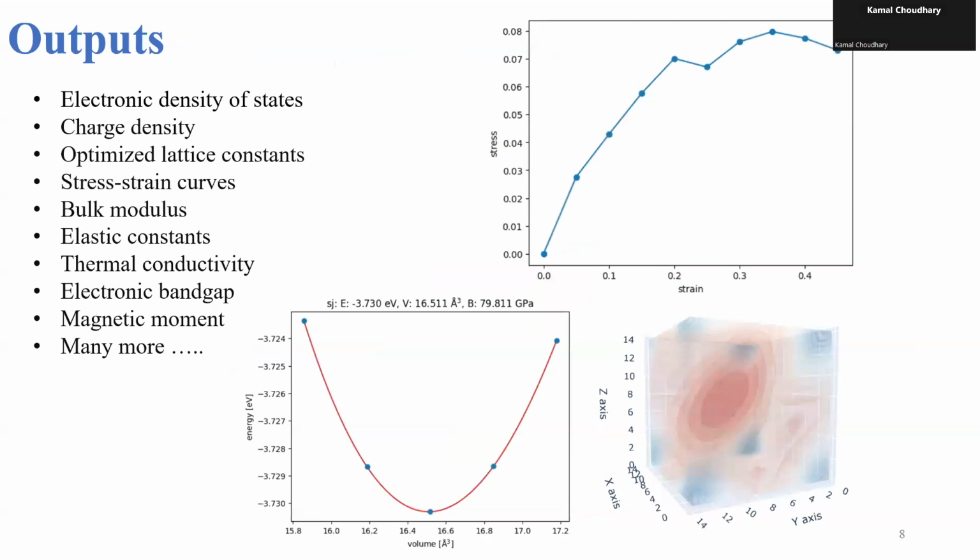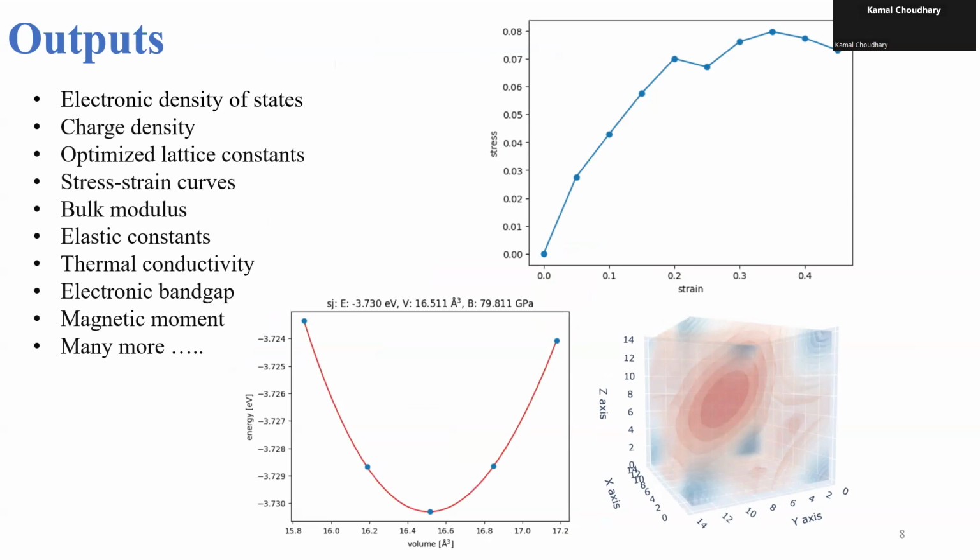So we learned about the inputs, which are the atomic structure information, the basis set, the pseudopotential, and all types of conversions that we have to do. Then the outputs are electronic density of states, charge density, and optimized lattice constant. We give the initial lattice constant, and after the relaxation, we can get optimized lattice constants.